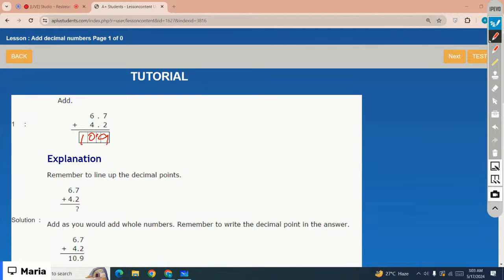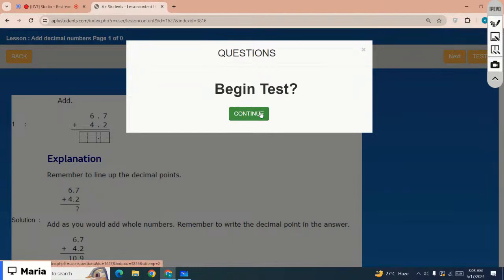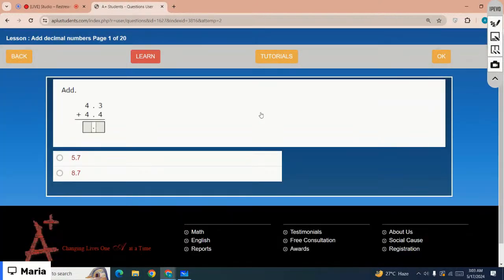Okay, then let's start with the test questions. That is 4.3 plus 4.4.